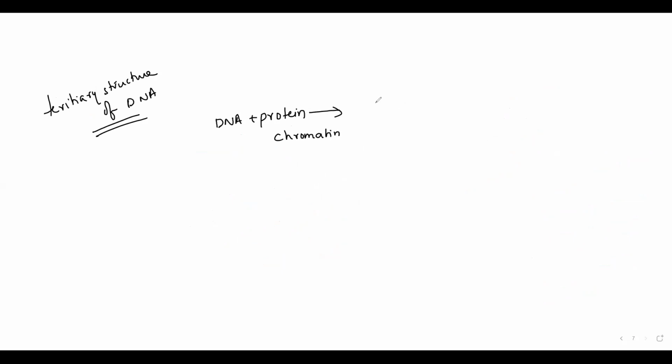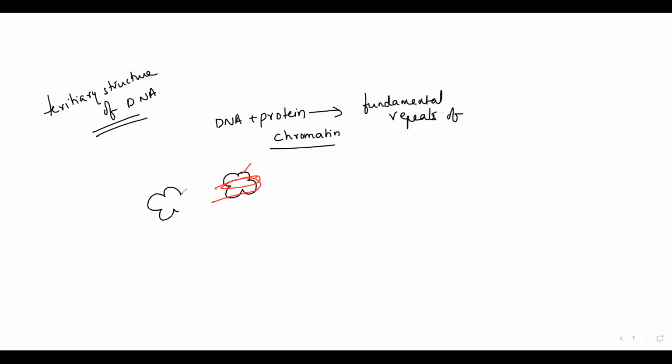And the chromatin is going to have many fundamental repeats. How is chromatin? It's the core DNA and the octamer protein, right?